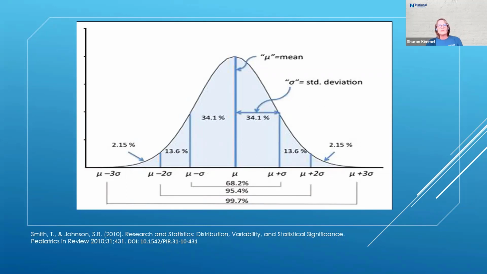The central limit theorem tells us that given a sufficiently large sample, the variability of the data set will follow a normal variability around the mean. This is a visual of the normal distribution. Have you ever seen this bell curve before?